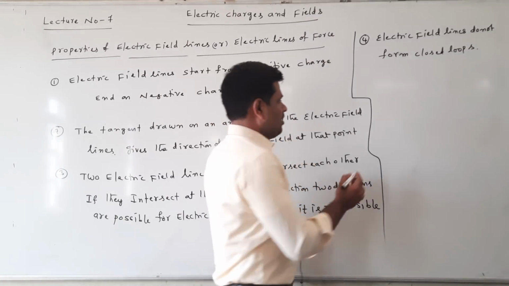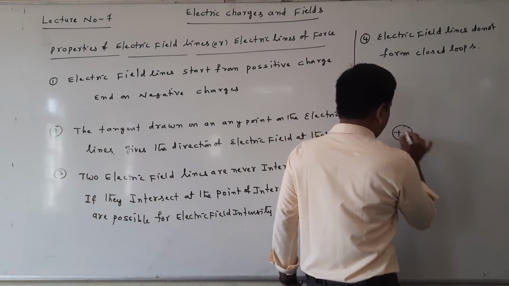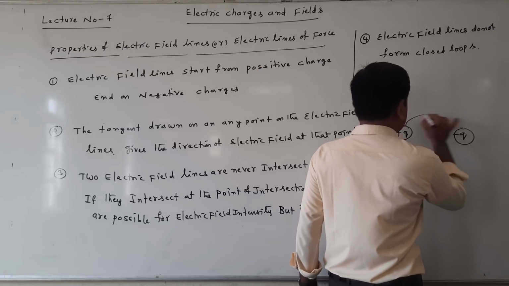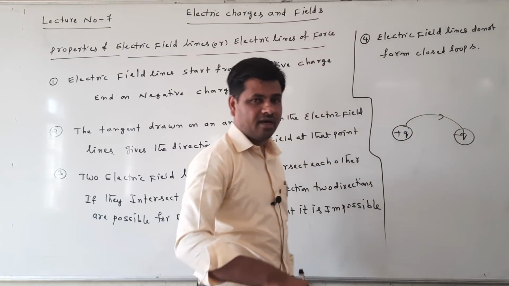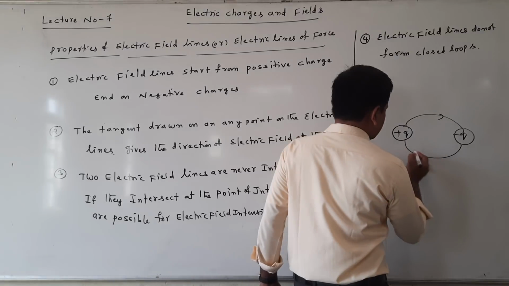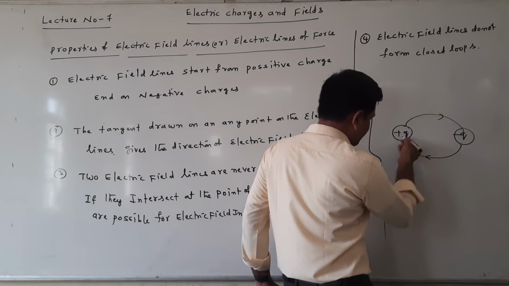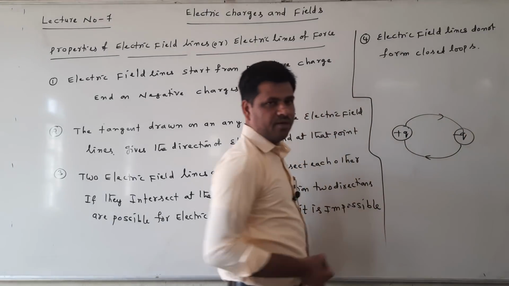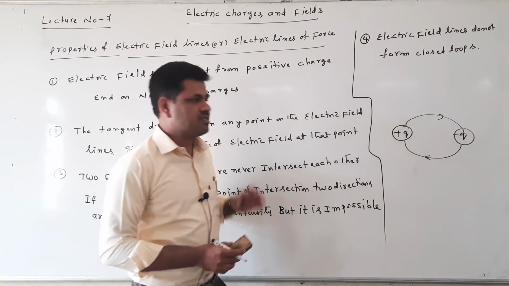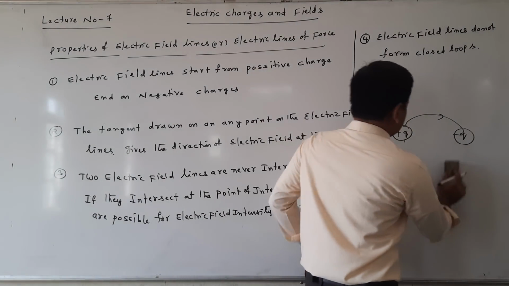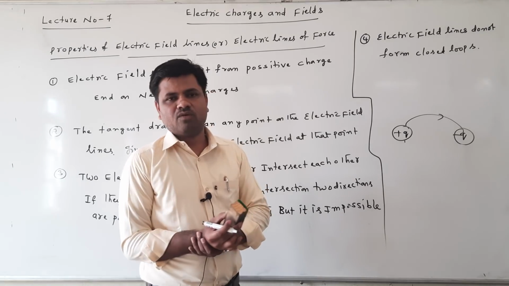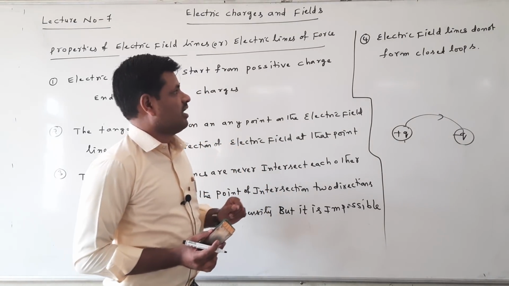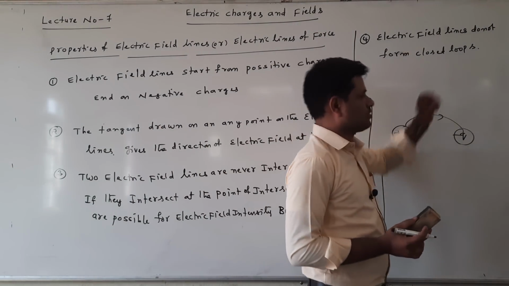See here, electric field lines start from the positive charge and end on the negative charge only. They cannot come from the negative charge to the positive charge. If they did, they could form a loop, but they cannot form a loop here. Electric field lines start from the positive charge and end on the negative charge only. That's the reason we say that electric field lines do not form closed loops.